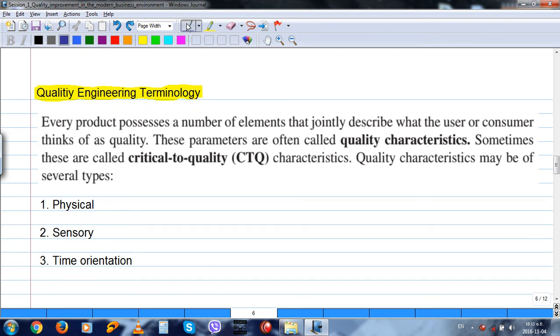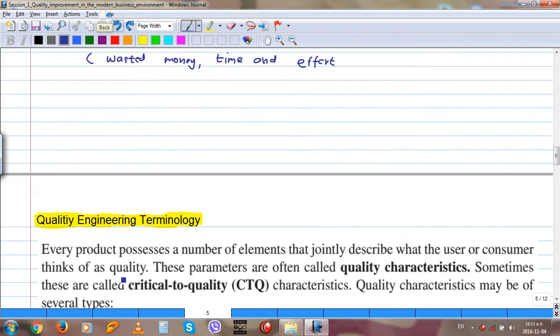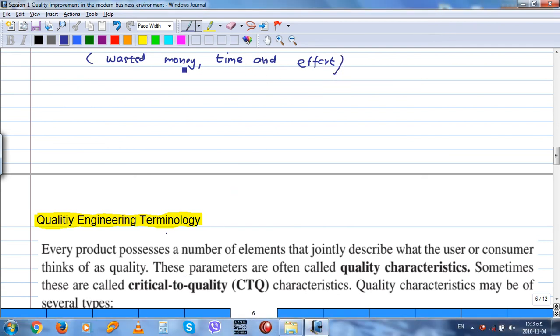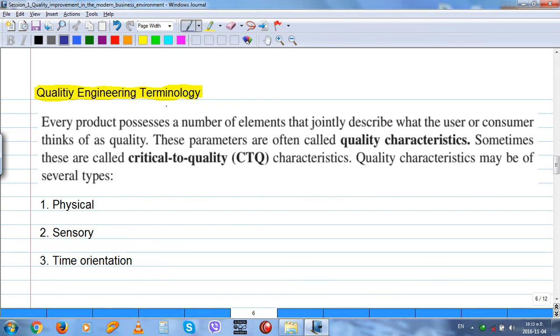Quality engineering terminologies. So there are some terminologies. Every product possesses a number of elements that jointly describe what the user or consumer thinks of as quality.